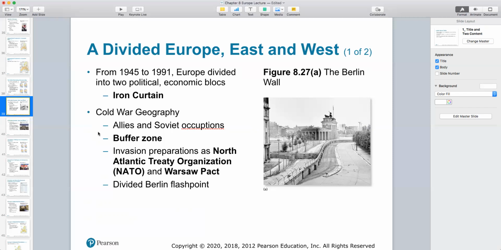Berlin was, in many respects, considered a flashpoint of division between the NATO countries, the North Atlantic Treaty Organization countries, as well as members of the Warsaw Pact and of Eastern Europe.